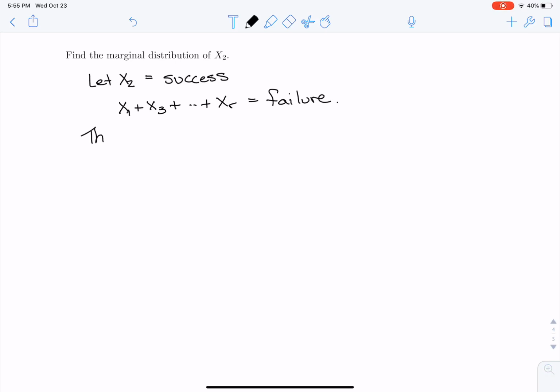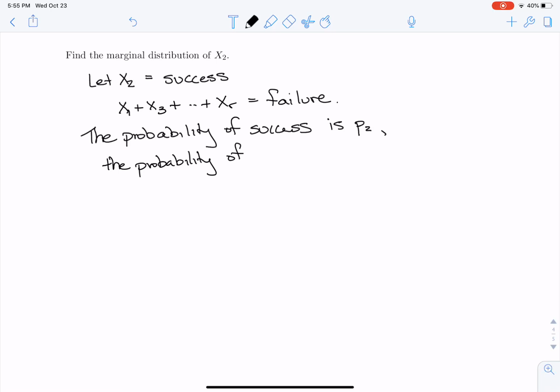So then the probability of success is going to be p2, and the probability of failure is the sum of the other probabilities, p1 plus p3 plus all the way down to p sub r. Now, if we add up all the other probabilities, then that should be the same as 1 minus p sub 2.